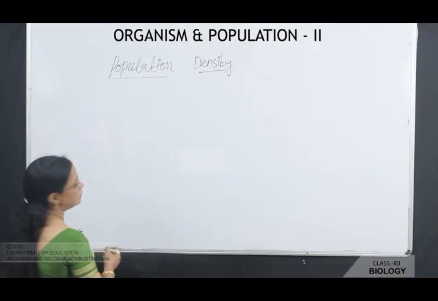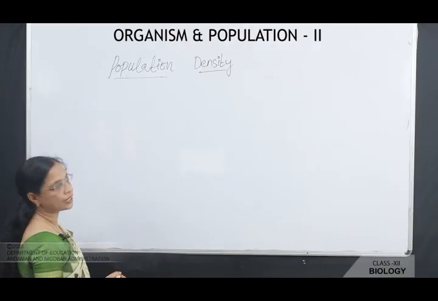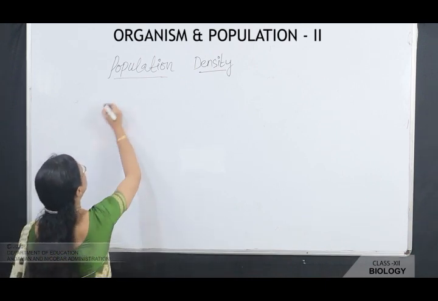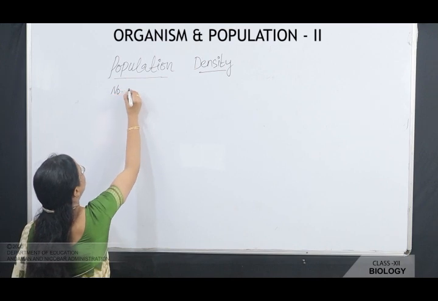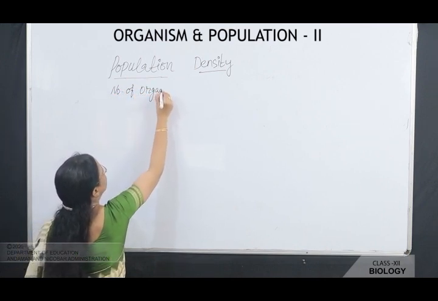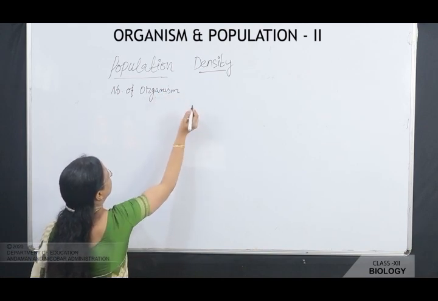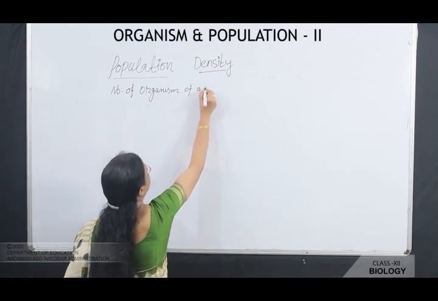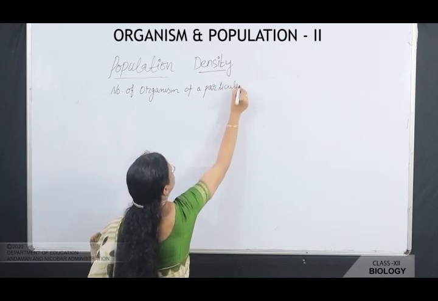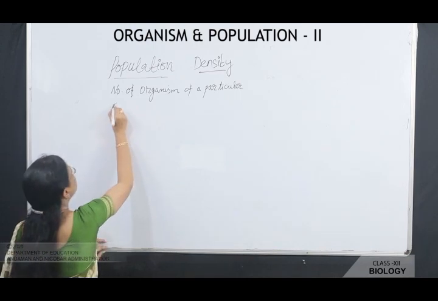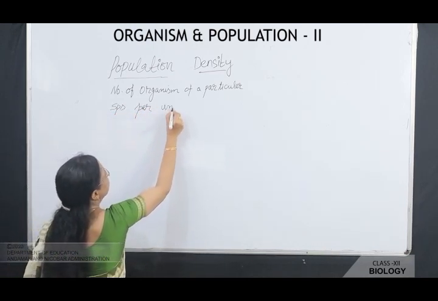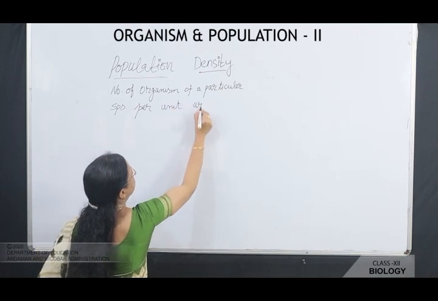Our next attribute is population density. Population density is the number of organisms of a particular species per unit area.